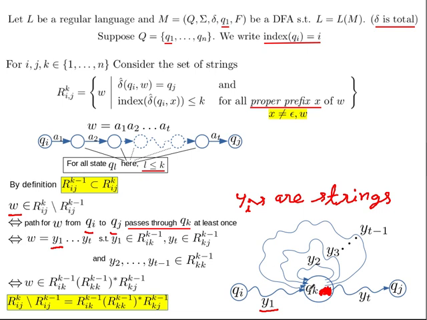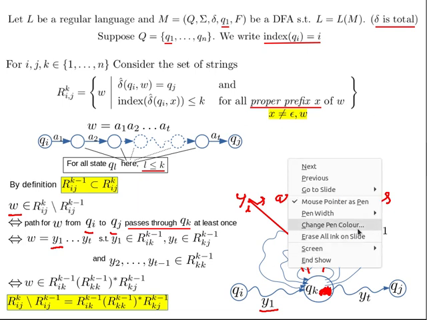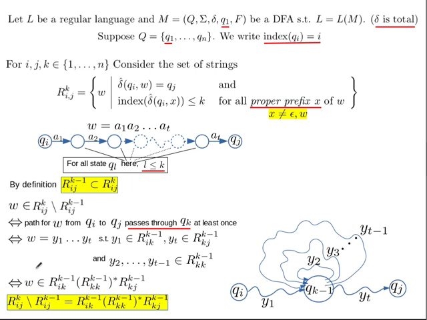Okay, so then you may encounter qk again. So again you go through some path which doesn't have qk, and all the intermediate states here are also of index less than k, right?